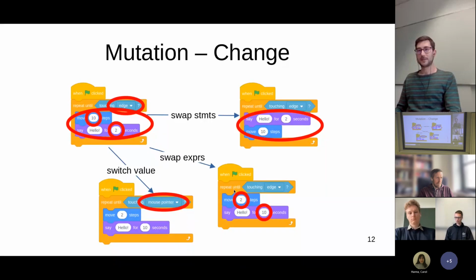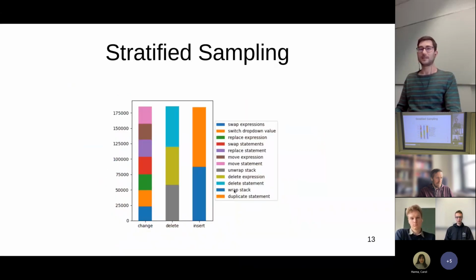And I actually implemented many more different mutation operators, but you can group them all into these three categories: change, delete, and insert. However, you will notice there are many more operators that change things, and there are more operators that delete things than insert things.